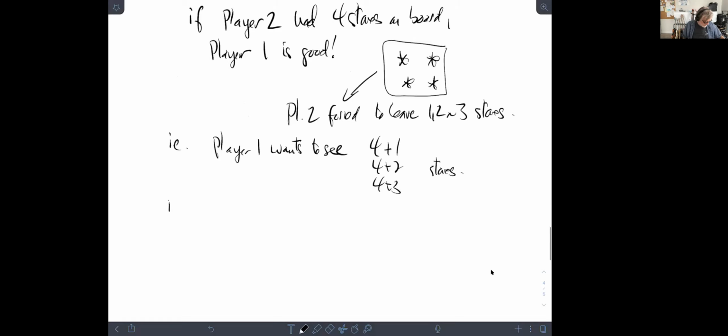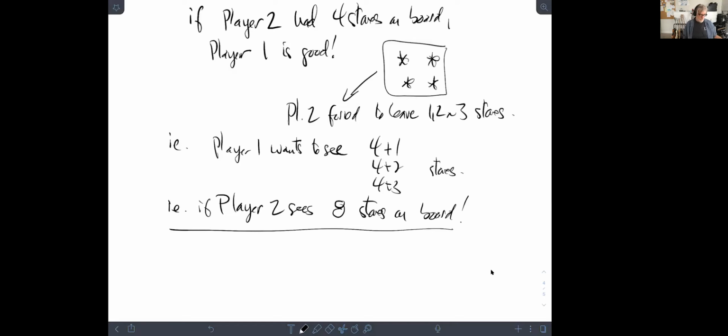So in other words, if player two sees 8 stones on the board, right? And now you see the pattern, right? So if player two is stuck with 8, he or she will have to leave 4 plus 1, 4 plus 2, 4 plus 3.